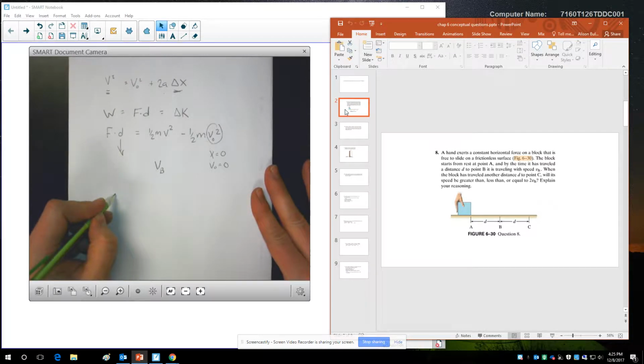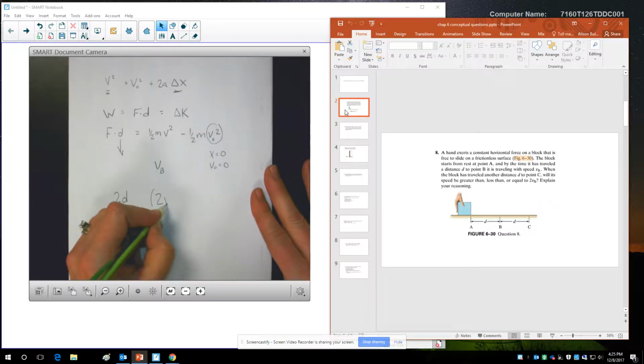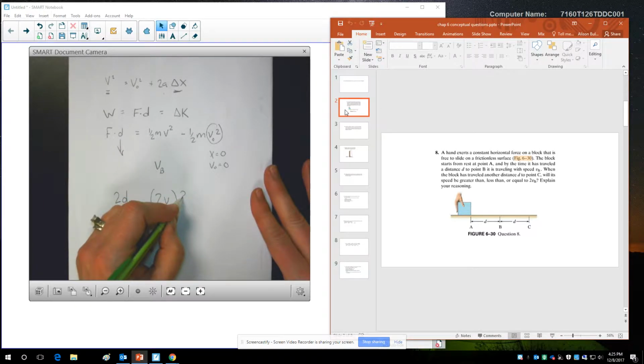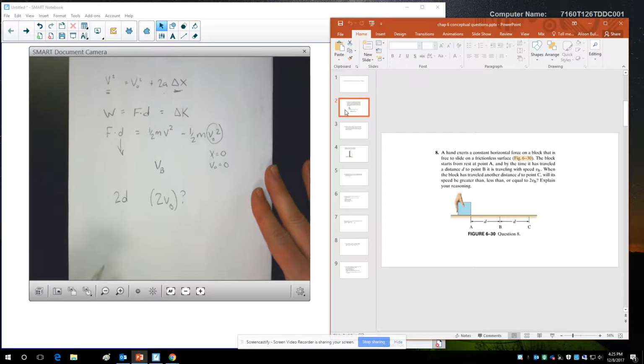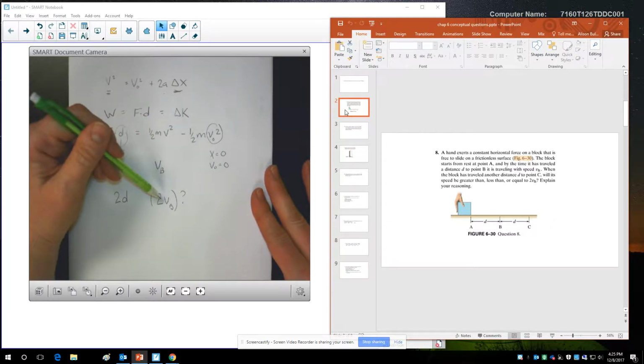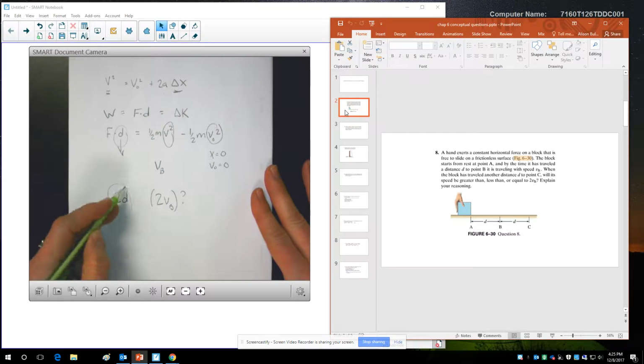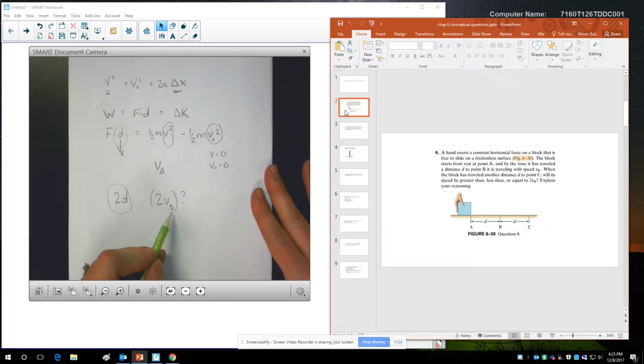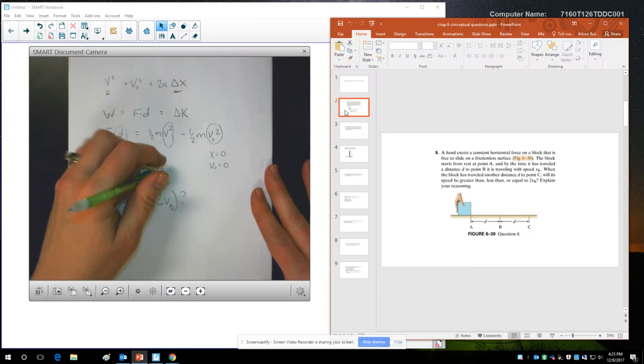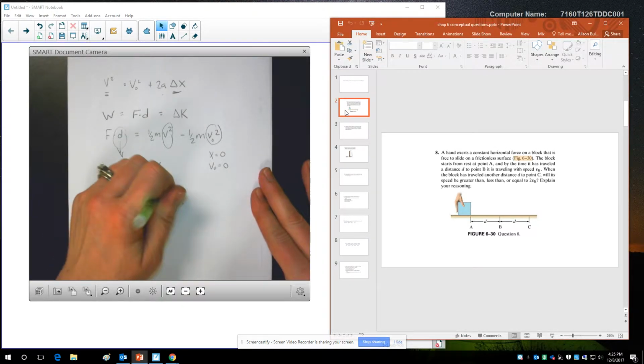The question is, if I double that distance, do I double vb? And the answer is no, because the distance is directly proportional not to v, but to v squared. When I double the distance, this whole quantity, v squared, doubles.